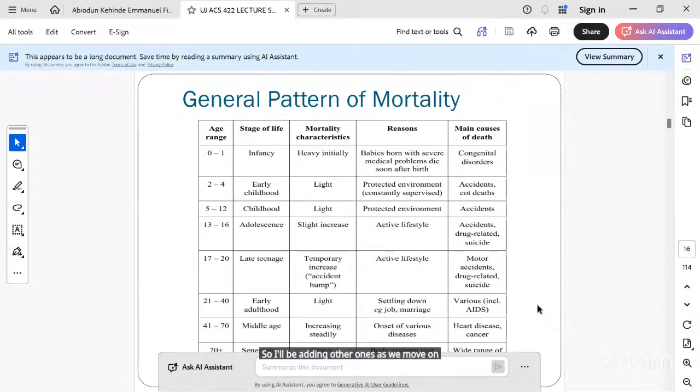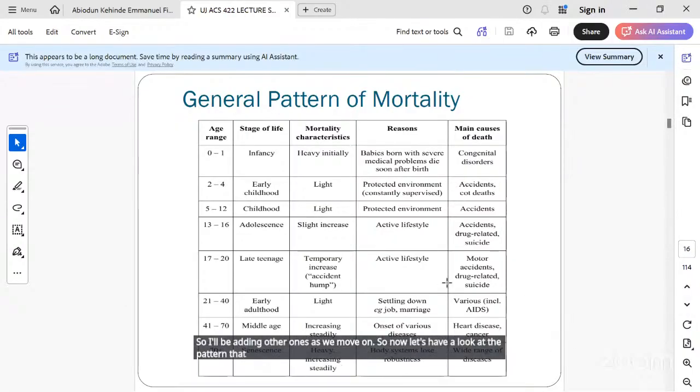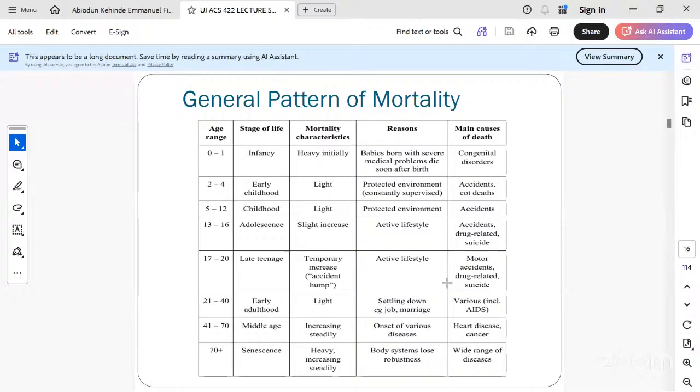So now let's have a look at the pattern that is expected for different age ranges. If there's a new life, that means a new birth, between ages 0 and 1, it is expected that at that stage, the babies, known as infants, have a heavy mortality rate, because these babies that are being born don't have any form of immunity against diseases.